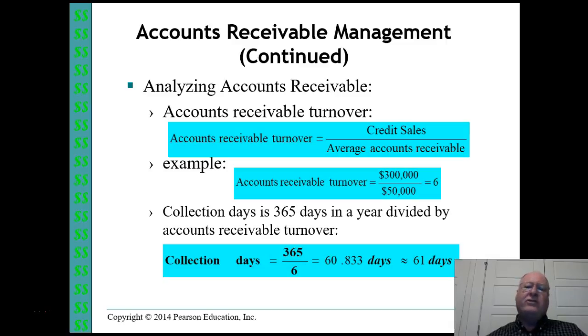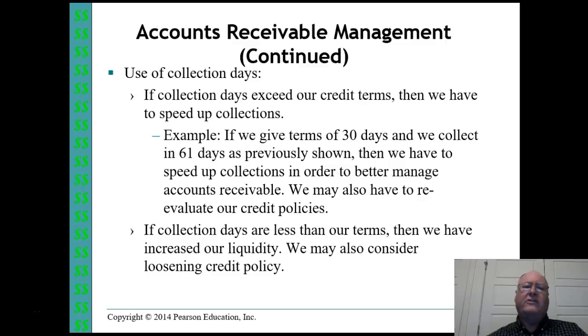The reason average collection days is important is, in this example calculation, it's 61 days of average collection days. Well, if your terms are 30 days, everything's due in 30 days, obviously you have an issue with respect to collecting your receivables. So if your collection days exceed your credit terms, which in our example it does, then we have to speed up our collections.